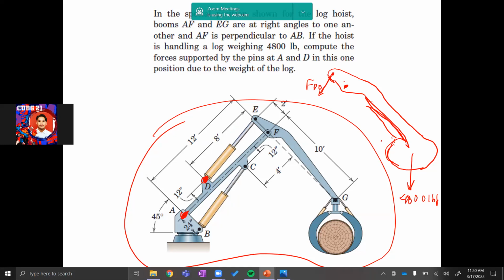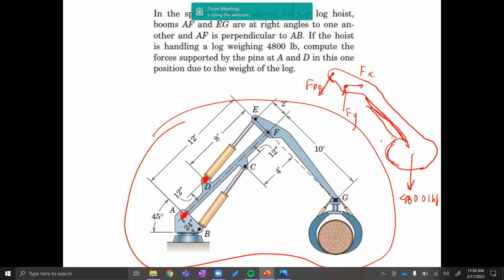At pin F, we have to include both forces, right? Okay. Yeah. So there will be Fy and Fx. Because the angle here is 90 degrees, maybe it will be simpler if we use Fx and Fy like this.